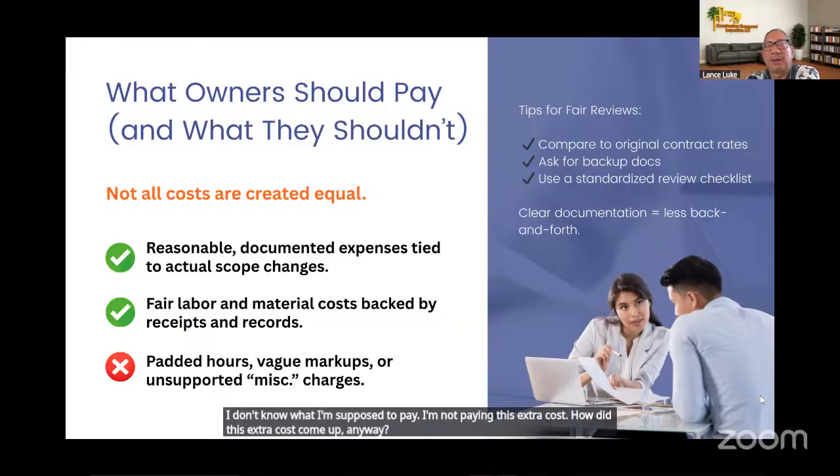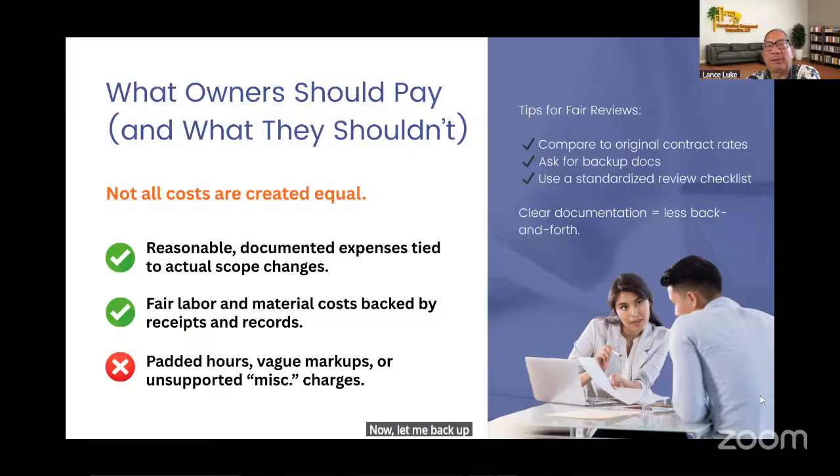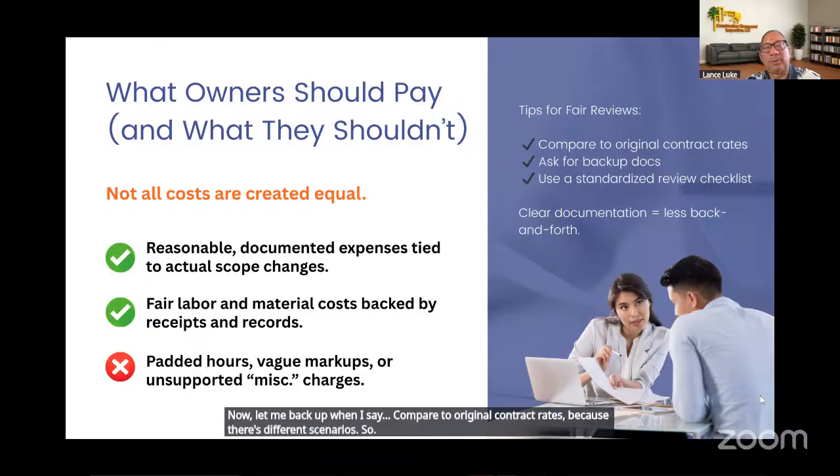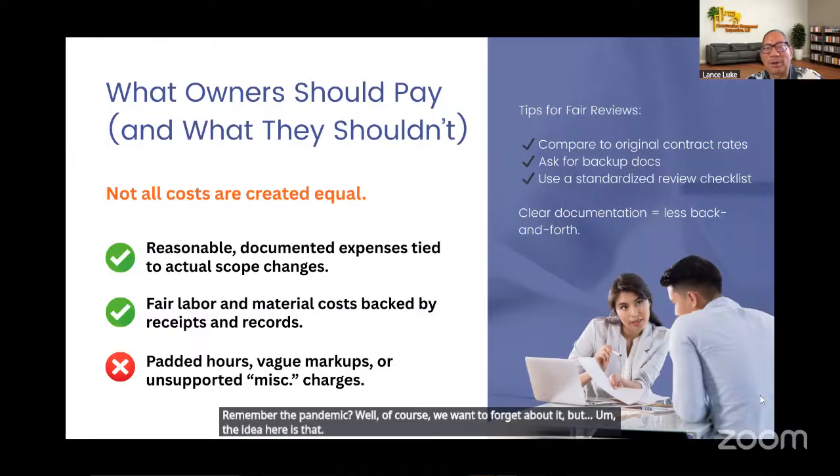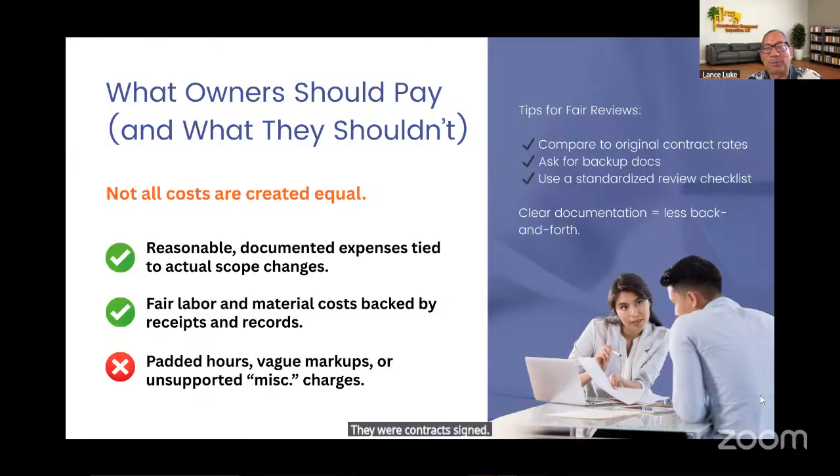Now, let me back up when I say compare to original contract rates, because there are different scenarios. So remember the pandemic? Well, of course, we want to forget about it. But the idea here is that they were contracts signed before the pandemic. And then when the pandemic hit, sometimes work couldn't be done, right? It depends.